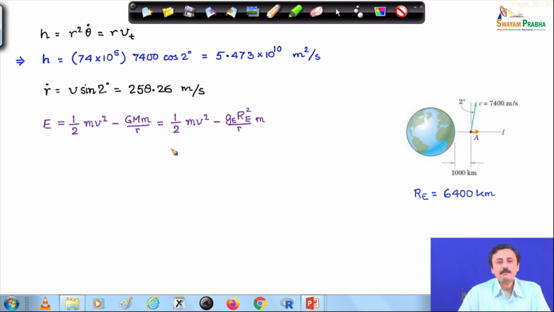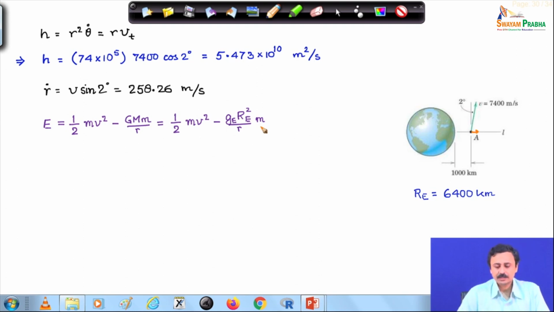Energy is half m velocity square, where this velocity square is nothing but this v square, 7400 whole square. Half times mass times v square minus GMm by r is the total mechanical energy of the system, and GM can be replaced as g R square, the acceleration due to gravity on the surface of the earth times the radius of the earth square.